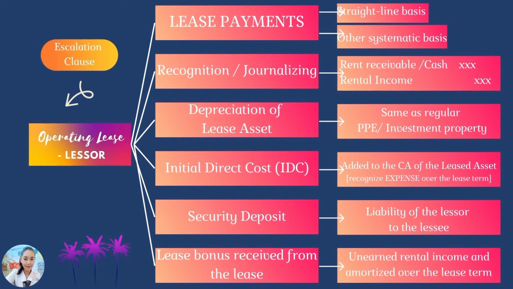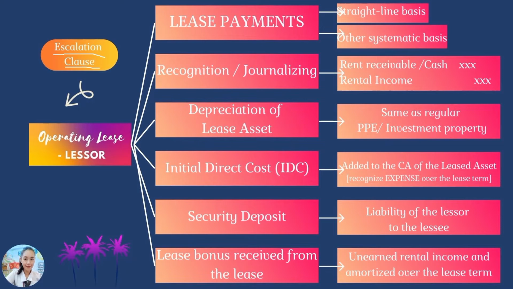Now to begin, let us talk first about what the escalation clause is. Now, escalation clause is a sort of condition stated in the lease contract that at a certain point in time, during the lease term, there is an increase in the rent that the lessee pays to the lessor.